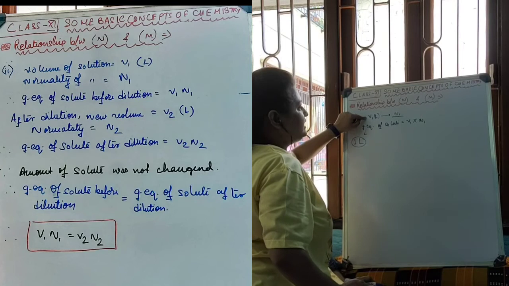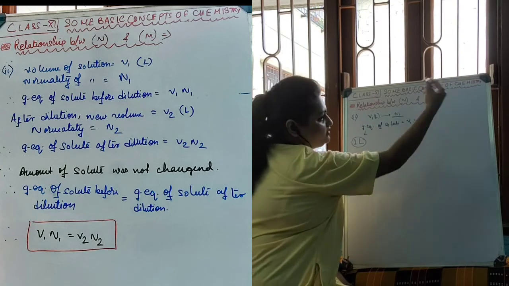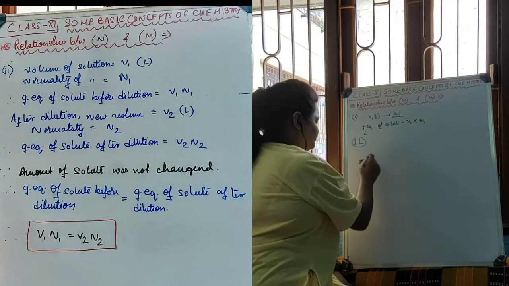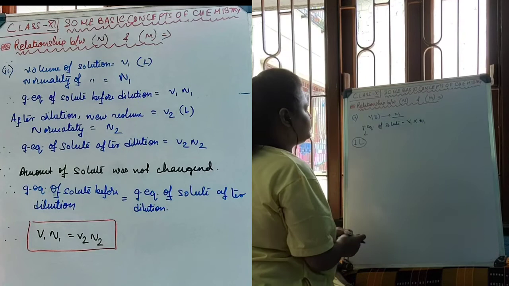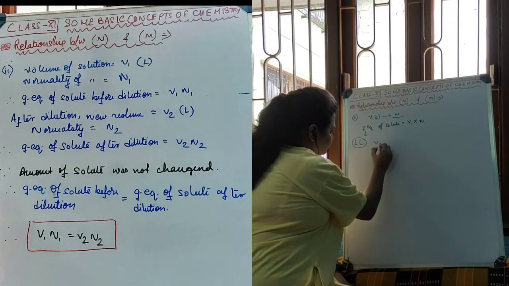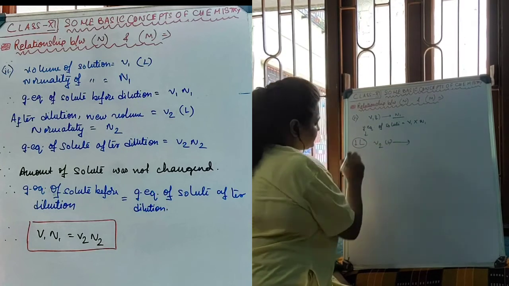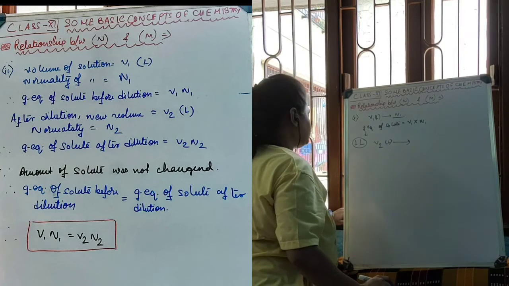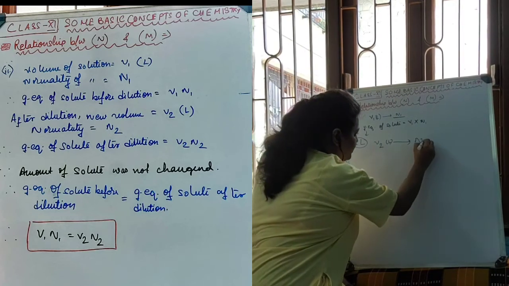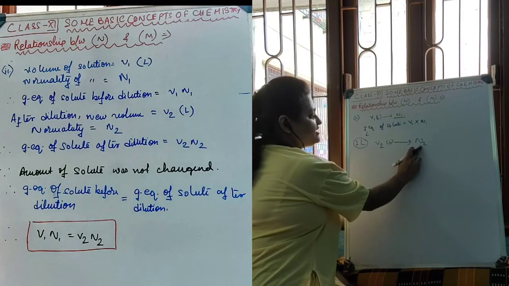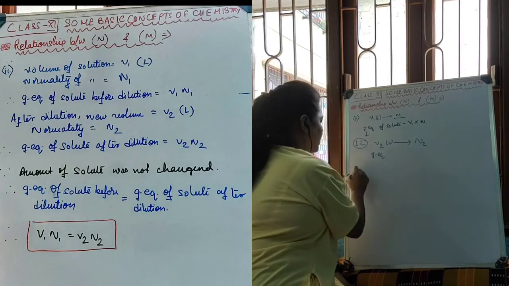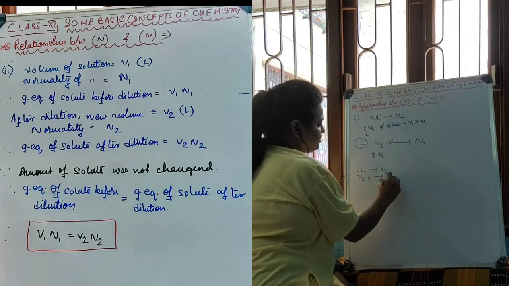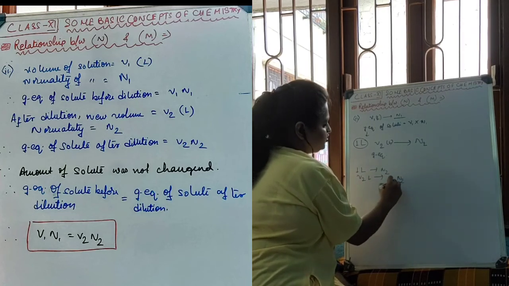Therefore, in V1 liter, the gram equivalent will be V1 multiplied by N1. If the solution is diluted without adding any solute to it, then the new volume will be V2 liter, and after the dilution, the normality will change to N2. Therefore, in V2 liter, the gram equivalent will be V2 multiplied by N2.